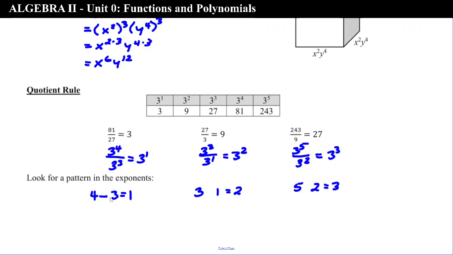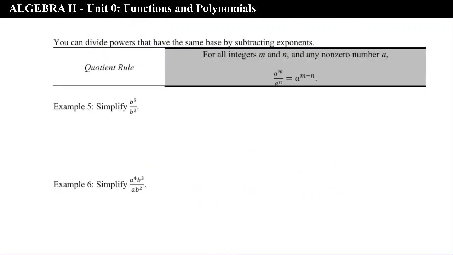Well, 4 minus 3 is 1, 3 minus 1 is 2, and 5 minus 2 is 3. So what we find is we can divide powers that have the same base by subtracting the exponents. And that gives us our quotient rule.